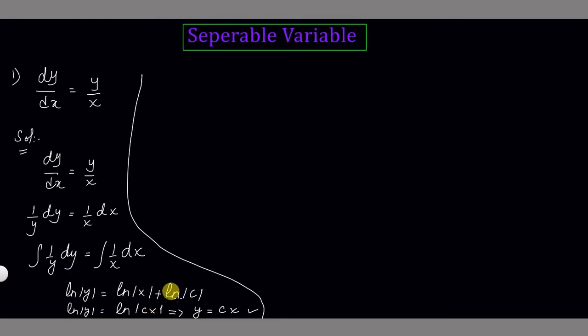If you want to use just c in this question particularly, your answer will be natural log of y is equal to natural log of x plus c, and sometimes this will be the answer of this particular differential equation. So both answers will be fine. This is answer number 2, this is answer number 1, both will be fine.